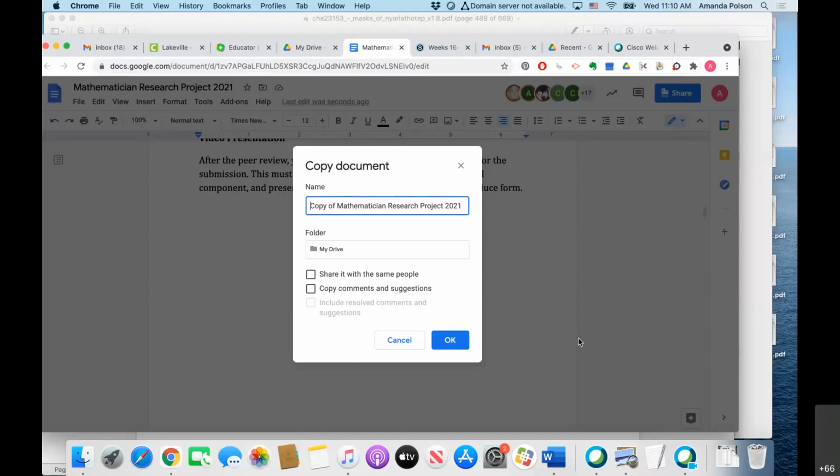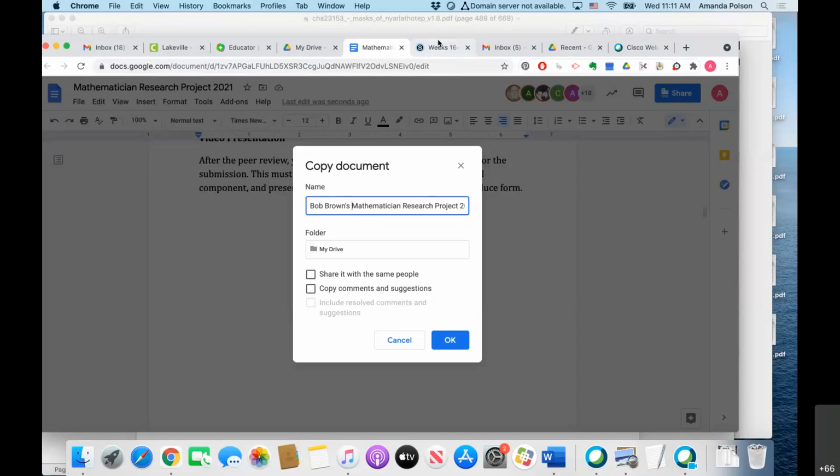So whatever your name is, if your name was Bob Brown, you would write Bob Brown's copy, or just Bob Brown's Mathematician Research Project. But save your name in the title, because when these get sent to me, I'm going to get 170 of them, and it's going to be much easier to grade them if they have your name on them.